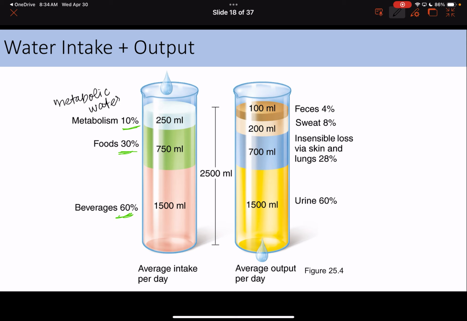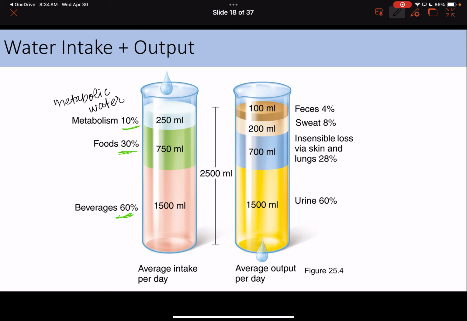So there are some metabolic processes that do make water, like dehydration. You remove a water molecule. At the very end of anaerobic or aerobic respiration, some water is made as well. But that accounts for very little of the water that we make.